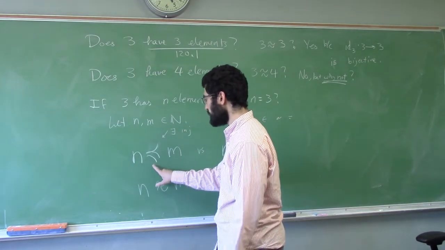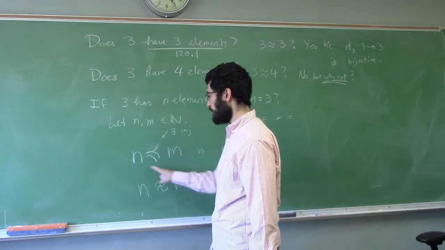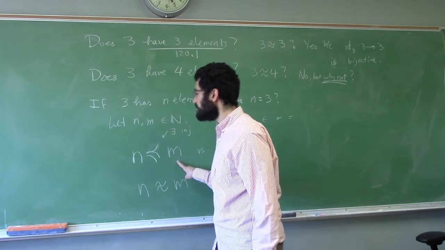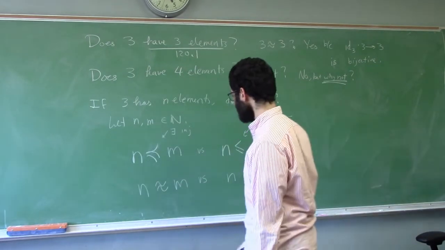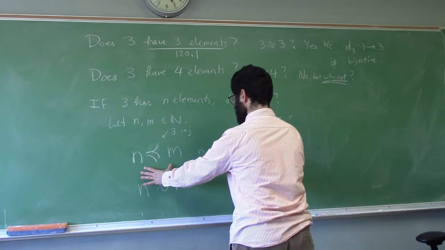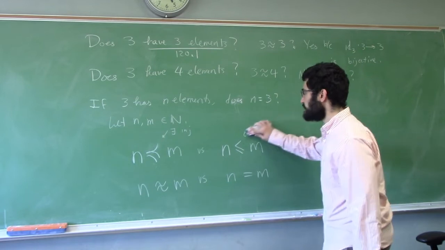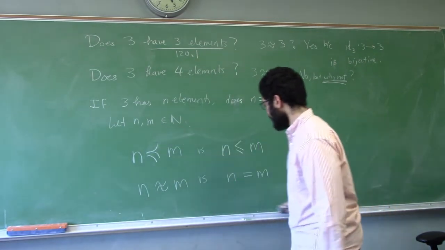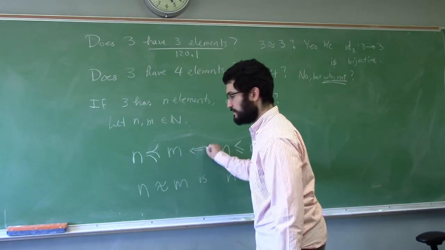So this is really all about being able to build an injection from n to m. It's really all about whether m has enough elements for it to be possible to inject n into it. So these really do, at first, talk about different things. But we would like to prove that they are the same. That's not going to be trivial, and that's something we'll do next time.